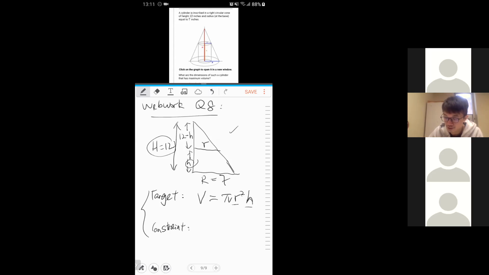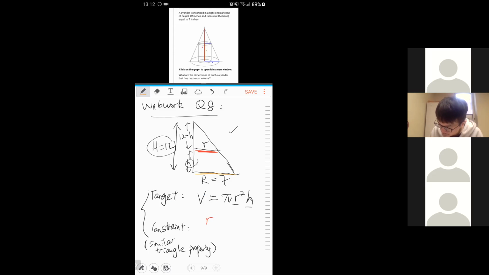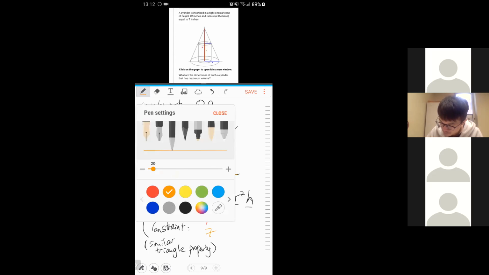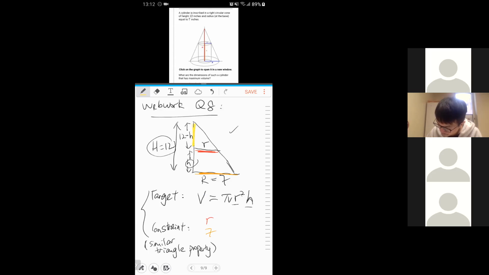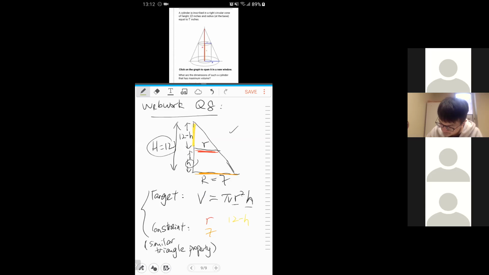I'm going to use this triangle here, and the constraint actually comes from the similar triangle property, which basically says that this distance over this distance is the same as this distance over this distance.